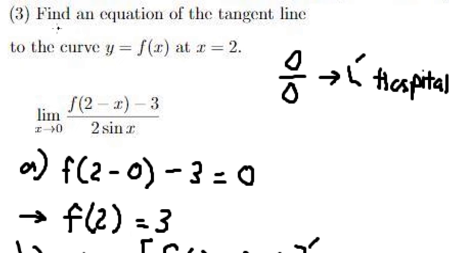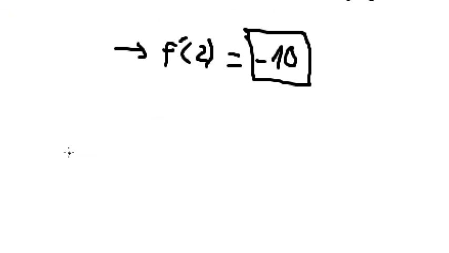Now the last one, we want to find an equation of the tangent line to the curve y equals f of s at s equals number 2. So the formula of the tangent should be like this.